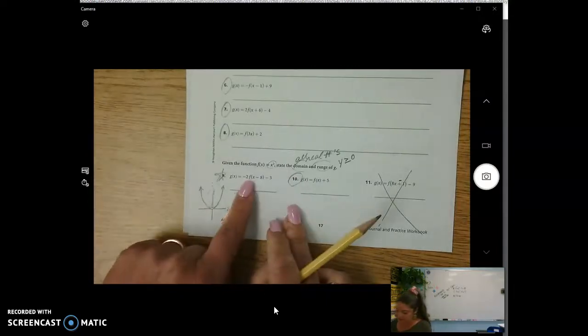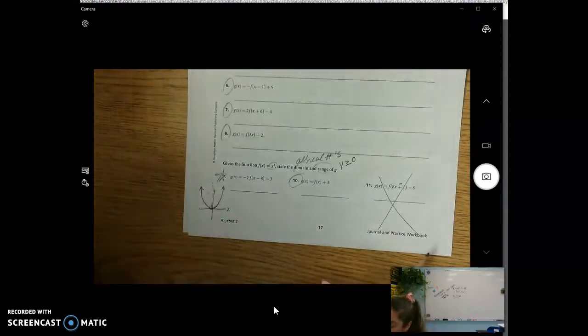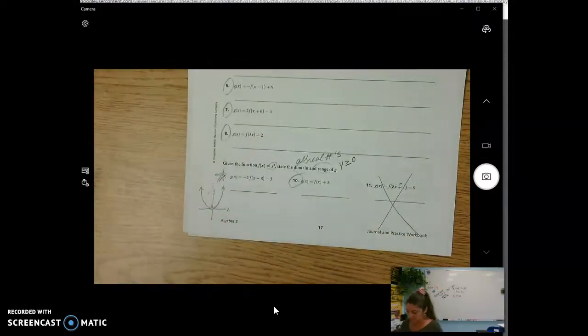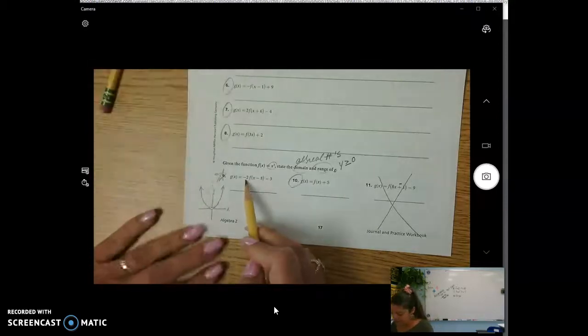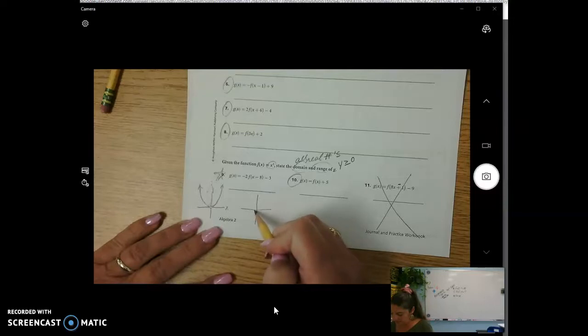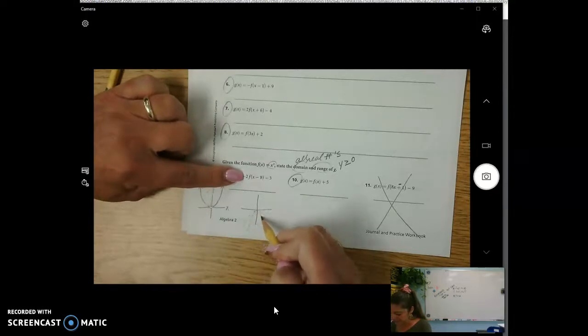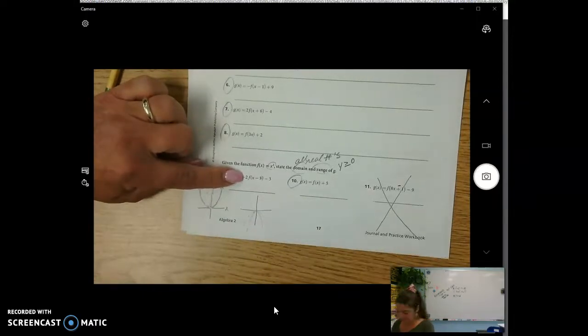So let's go look at these transformations and see what is going to change with our domain and range. All right, so this -2 means that my function is going to be flipped upside down. The negative means it's upside down. The 2 means it's going to be a little bit skinnier, so I'm just sketching it, getting an eyeball.